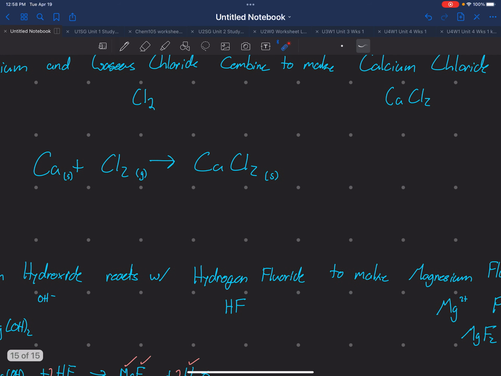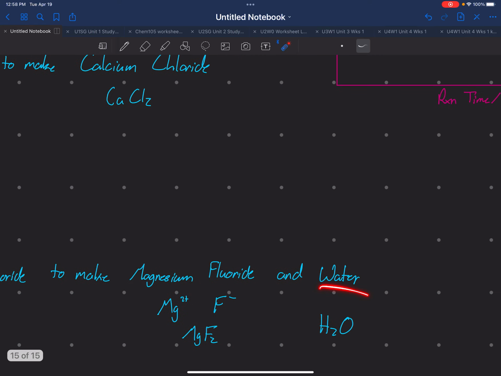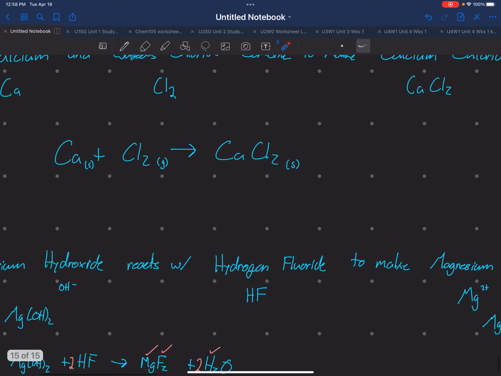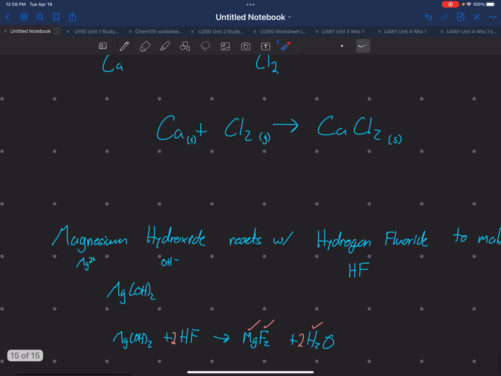Hydrogen fluoride is two nonmetals, so covalent, so you just put them together, HF. Magnesium fluoride is Mg2 plus, F minus, so MgF2, and then water, H2O. For the hydroxide, 2 charge, 1 charge, so make sure you put the parentheses to keep the polyatomic together, and subscript 2.